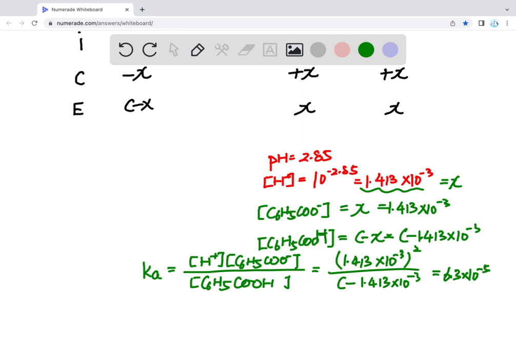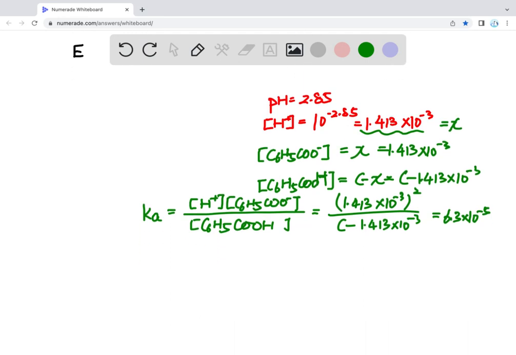So now we can try to do the calculations here. You'll find, if we do the calculation, it's 1.99 times 10 to minus 6 equals 6.3 times 10 to minus 5 C minus 8.9 times 10 to minus 8.